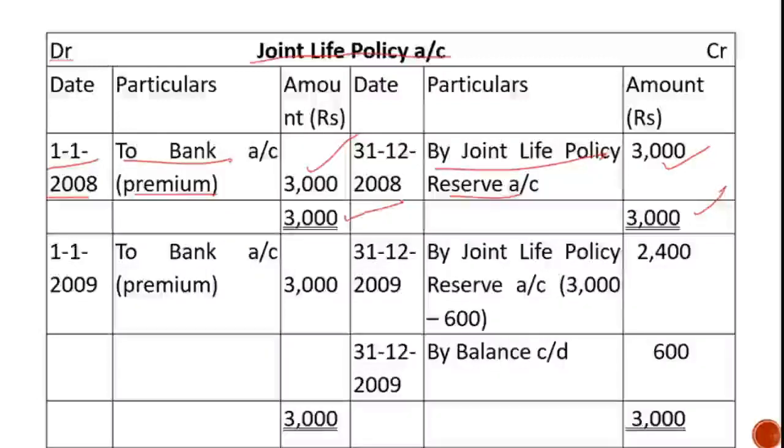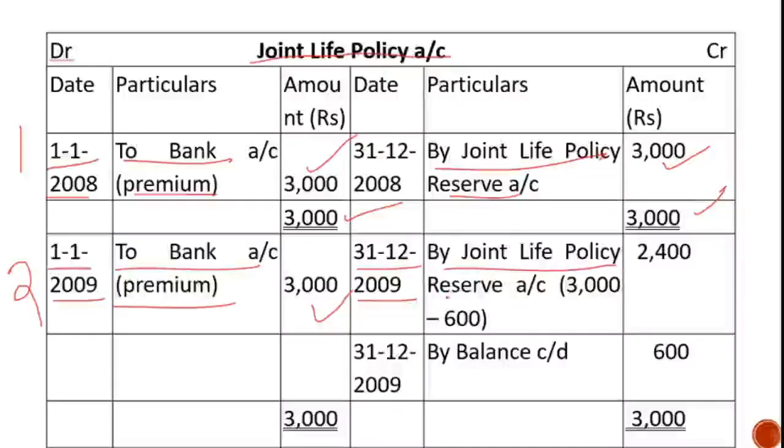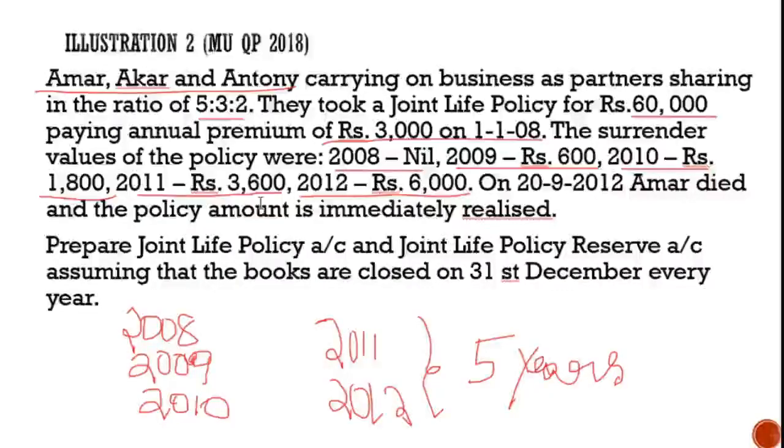At the end of the first year there is no balance, and at the beginning of the second year you pay the annual premium. This is for the first year, this is for the second year, annual premium is the same. So at the end of the year, by joint life policy reserve account, that is 3000 the annual premium minus the surrender value.